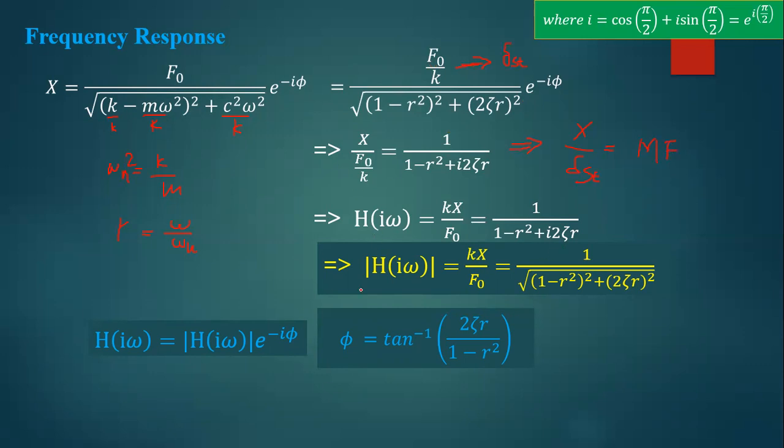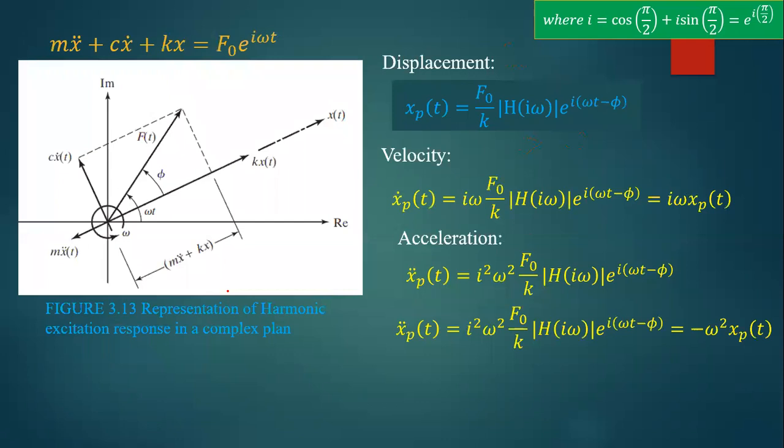So this is the complex representation of the equation. How can we represent these terms in graphical form? In graphical form, we have the real axis here, and we have the imaginary axis here.